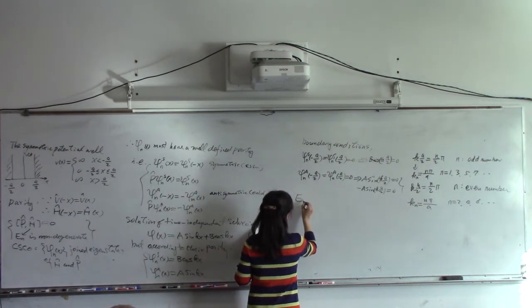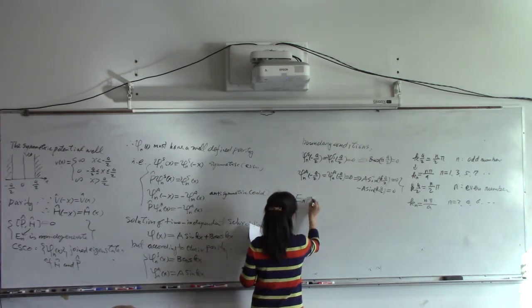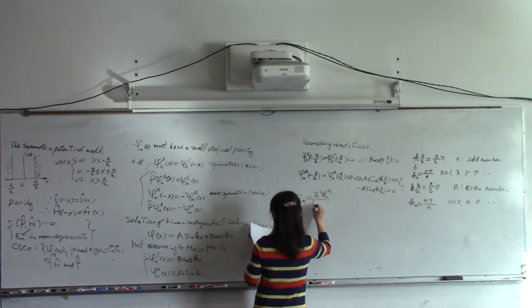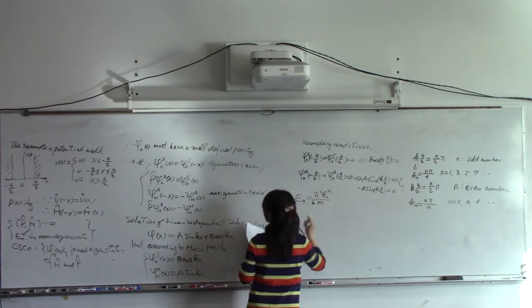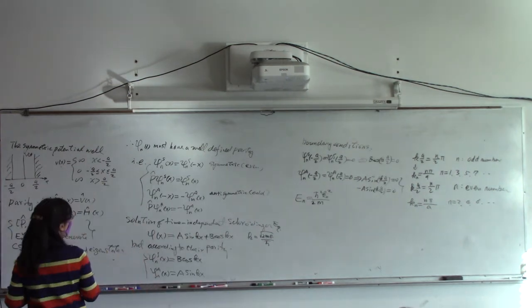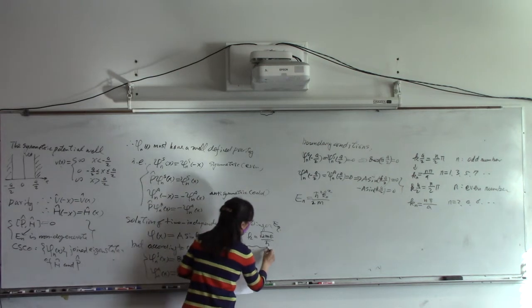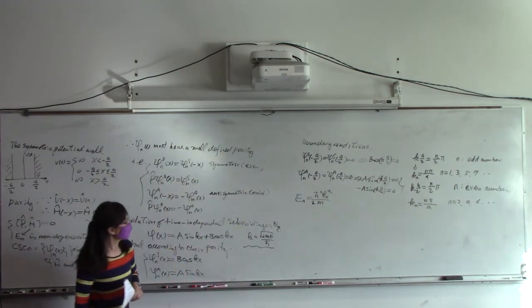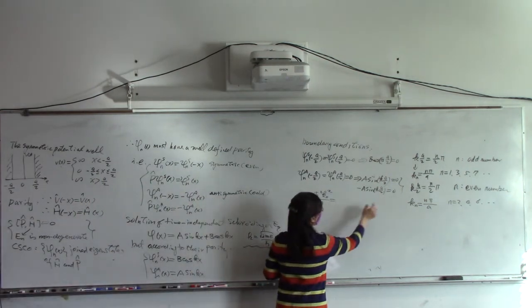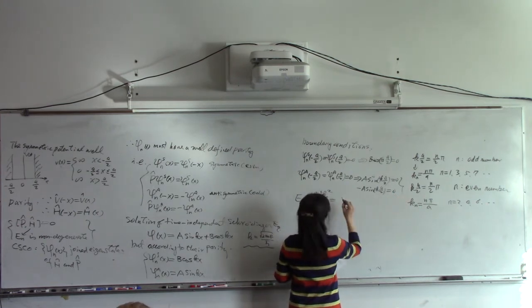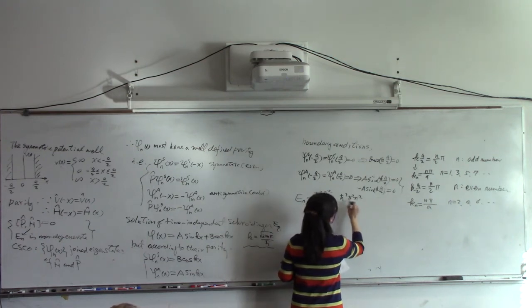Now we can combine. First, give the computation for the energy. Energy is, from somewhere, okay, here, 2m, right? So we substitute whatever n equal to, the even number or odd number, the same formula. Then that is h bar square pi square n square over 2m a square.